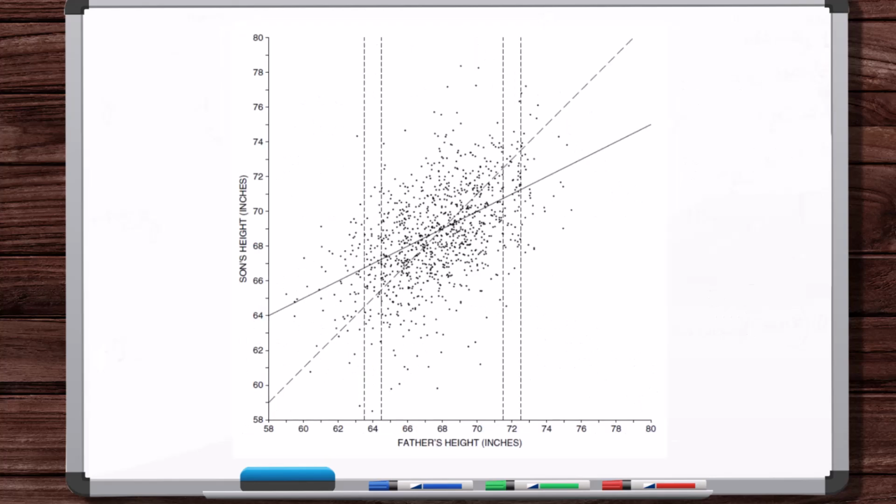Now, we also talked about how if you're comparing ranks of an input data point to an output data point, when it comes to linear regression, then unless you have a perfect positive 1 or negative 1 correlation, you're always going to see this.